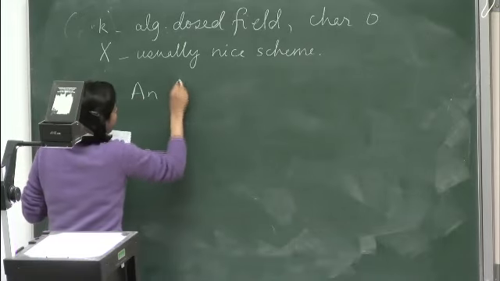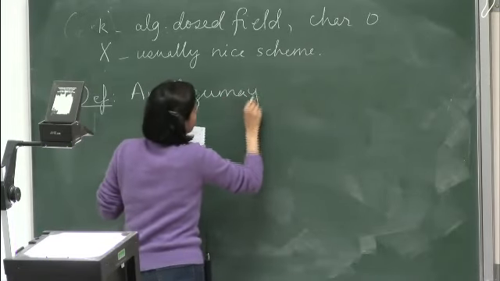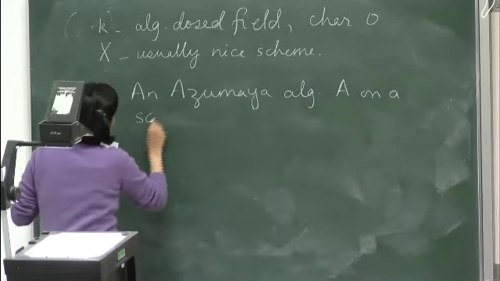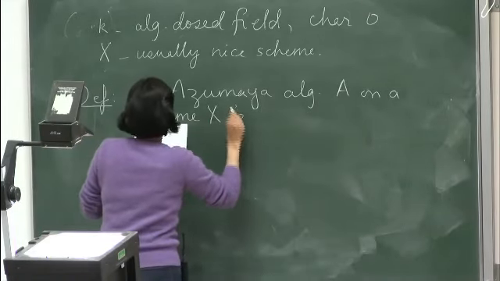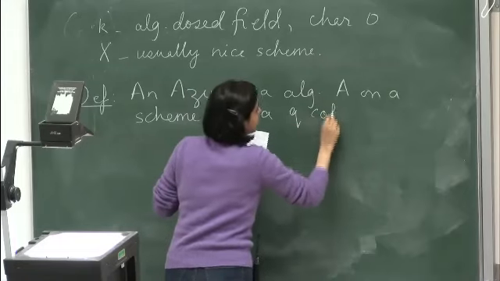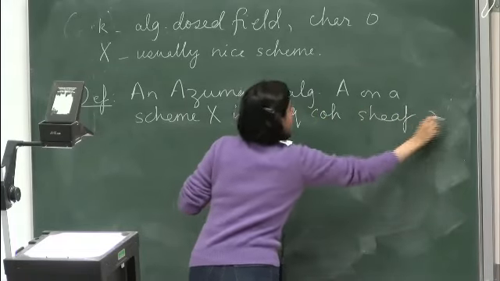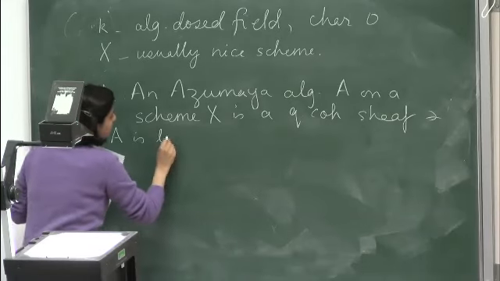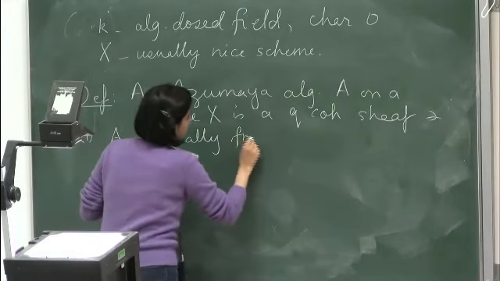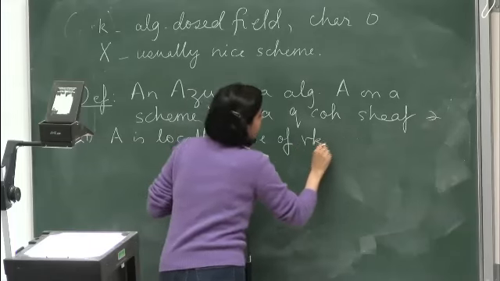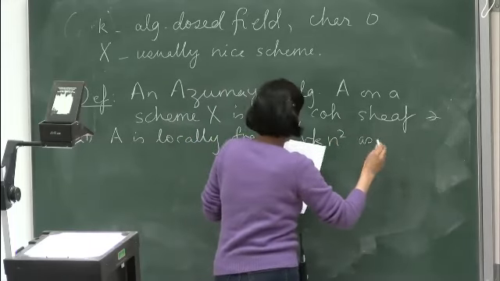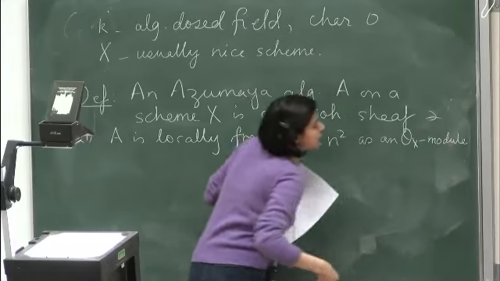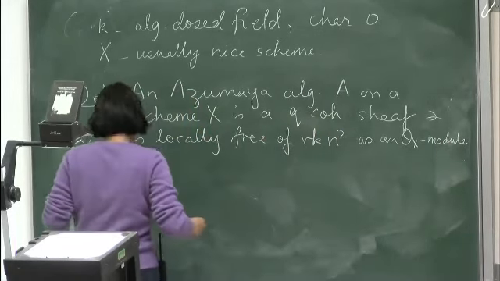So an Azumaya algebra A on a scheme X is a quasi-coherent sheaf that satisfies two properties. A is locally free of rank n squared as an O_X module. So if you're thinking in terms of complex manifolds, just think it's a vector bundle of rank n squared.